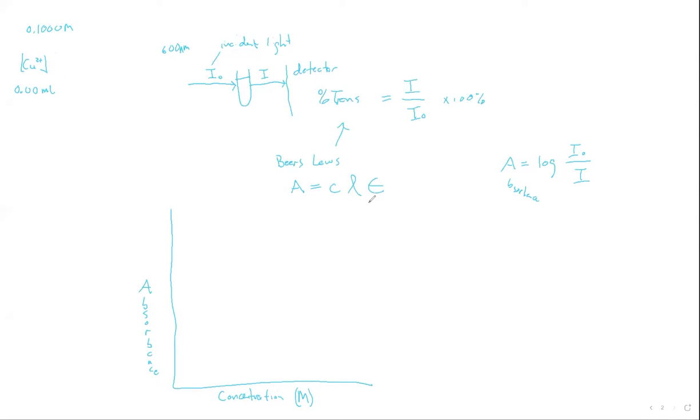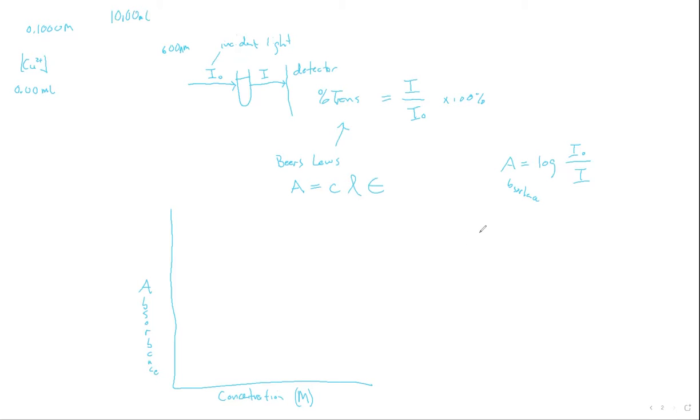We're going to take each test tube, and each test tube is going to be diluted to a total of 10.00 milliliters. All right, so let's figure this out then.